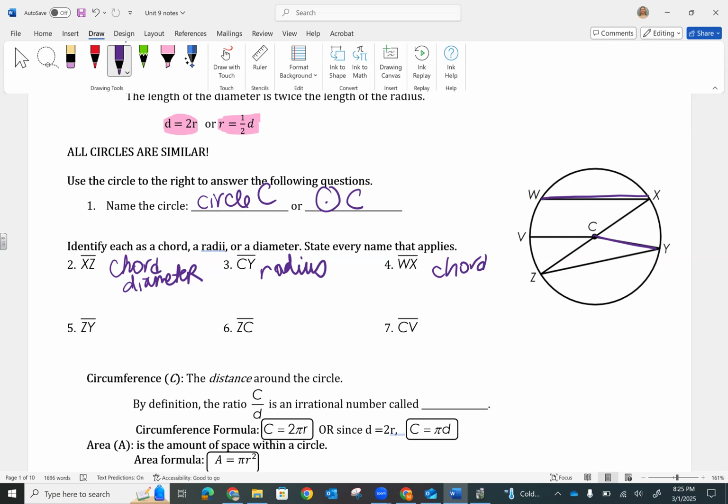From Z to Y, again, also a chord. From Z to C connects the center with a point on the circle, so that's going to be a radius. And then C to V is also another radius. Okay, there you go. Spelled it a little funny, that is how you saw it.